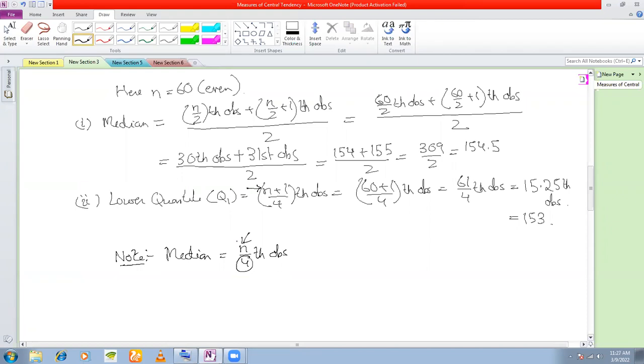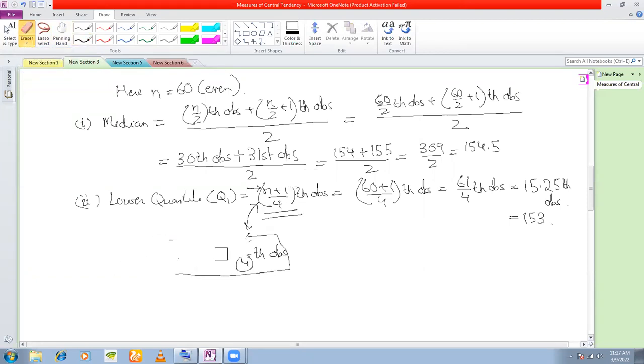The chances of getting a decimal number, whether you divide n plus 1 by 4 or n by 4, is very high. So whether you take n plus 1 by 4 or n by 4, it is the same thing. So both the formulas you can use for lower quartile. Any of the two you can use. In fact, in the higher classes, you will see that we'll be using this formula.